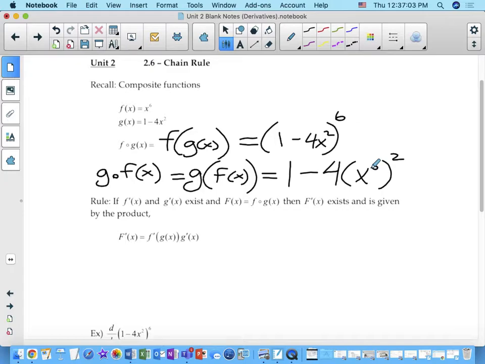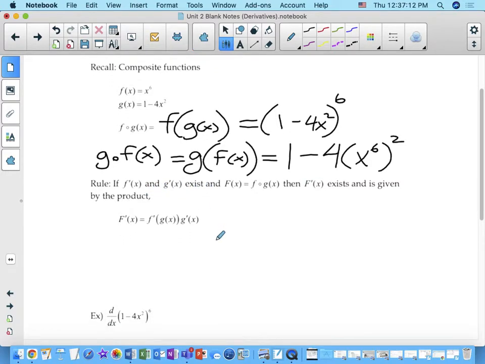Okay, now, derivatives of composite functions. If f prime of x and g prime exist and F of x equals f of g of x, then F prime exists and is given by this product.